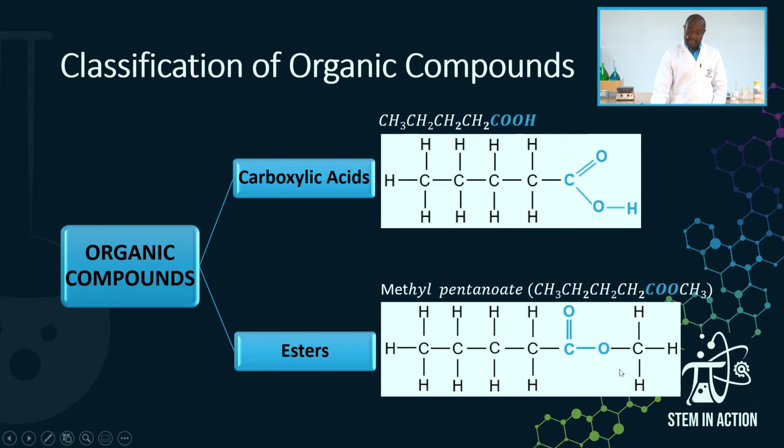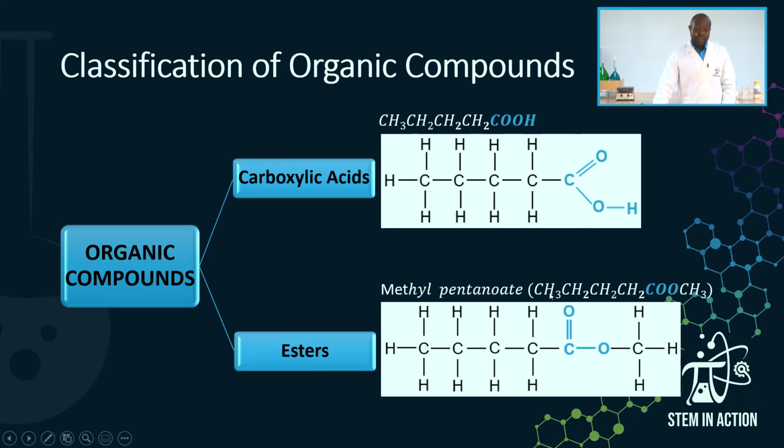So the alcohol side here is a methyl group, and the carboxylic side is a pentyl. There are 5 carbons. So the name is going to be methyl pentanoate. The pentanoate, the last part of the name, comes from the carboxylic side of the ester. And the first part comes from the alcohol side of the ester.